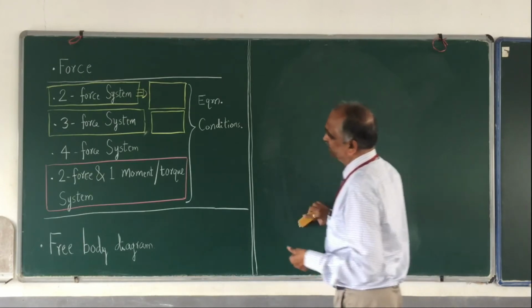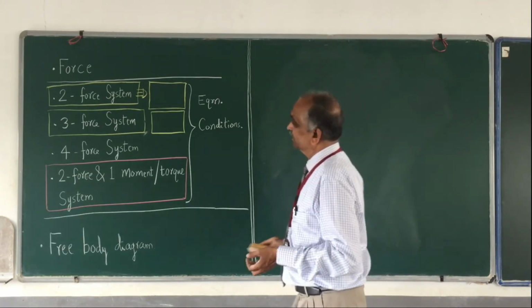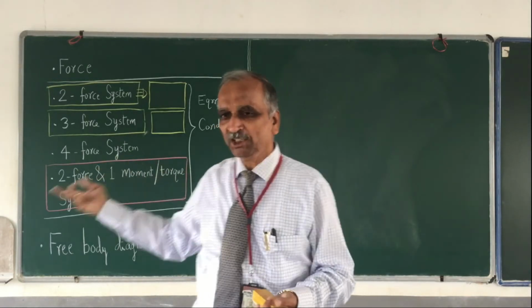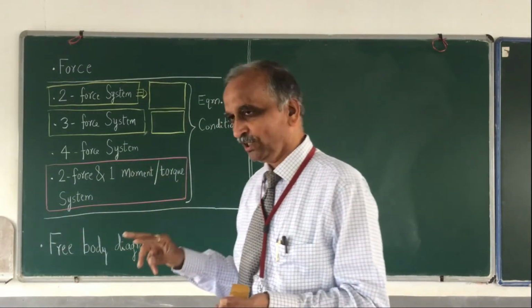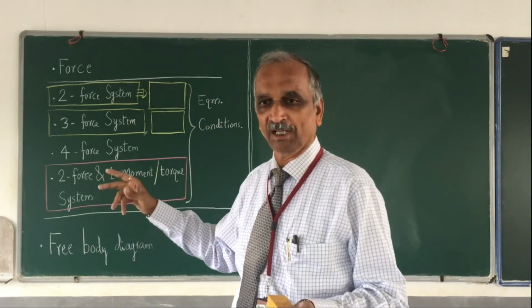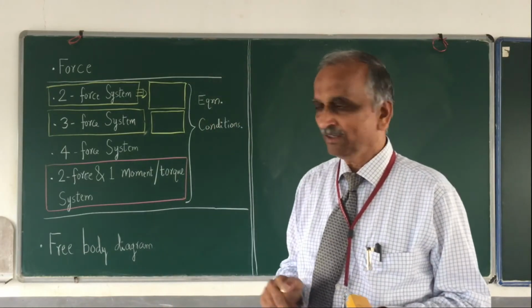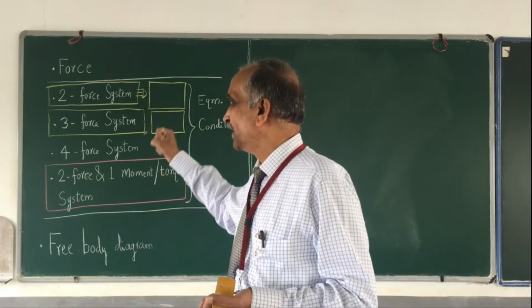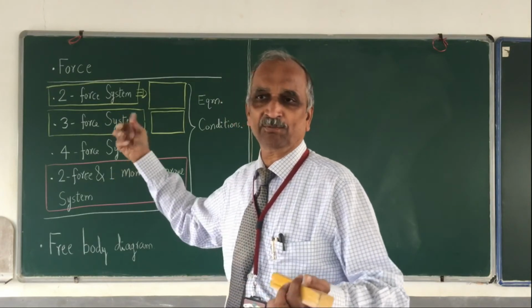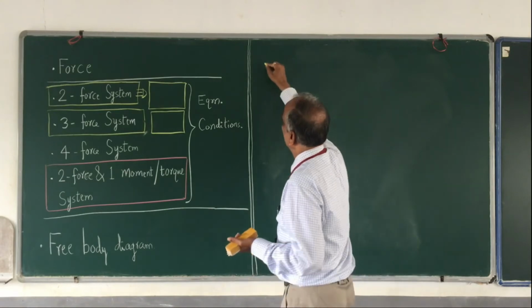Out of these, I shall assume any 2 known things. I can assume 2 forces as known and 1 moment is unknown. That is one way. Or I can assume 1 force and 1 moment known and another force is unknown. These are the different possibilities. So let me start with the first case.